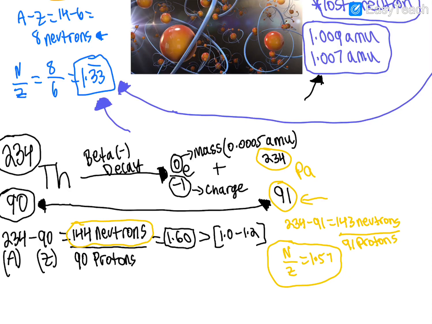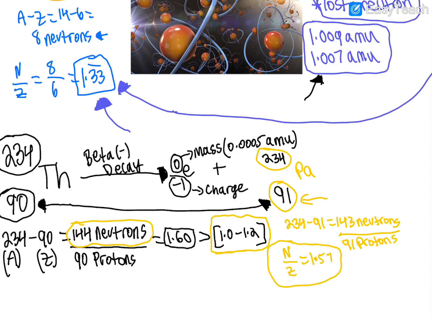And that means it's going to keep on undergoing radioactive decay until the nucleus becomes stable, until the neutron to proton ratio is in between about 1 to 1.2. Some textbooks and websites say 1 to 1.4 or 1 to 1.5, but for this video, we're going to use 1 to 1.2.